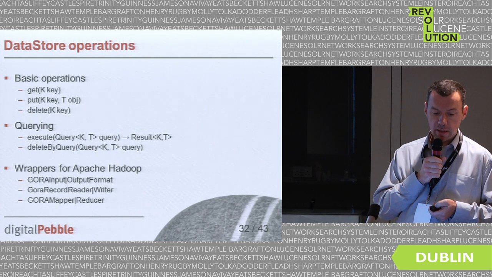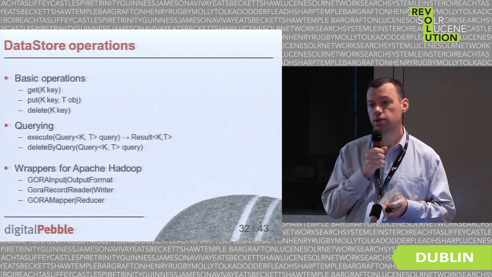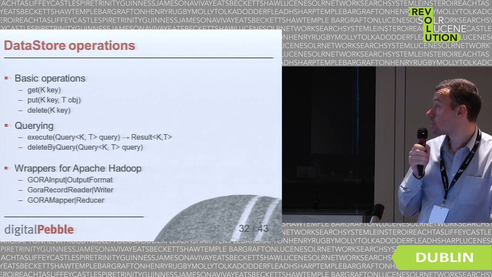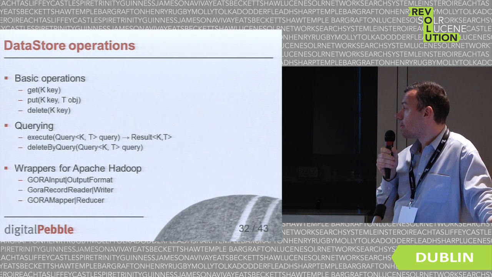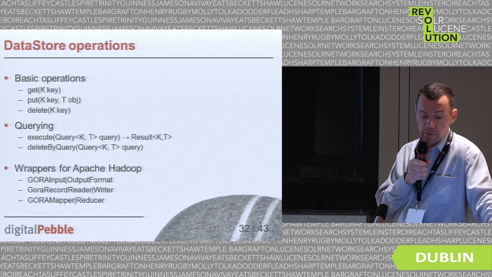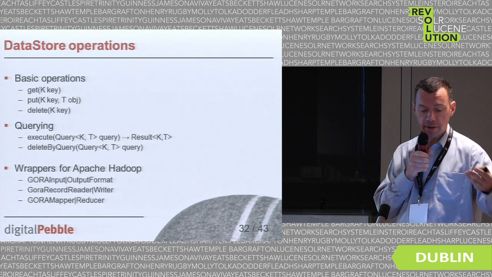So in GORA we have these data stores, and the operations you can do on them are, obviously, the basic ones, like get the value for a key, put a new object under a given key, or delete a key. You can also query and get a number of results based on the query, or delete by query.